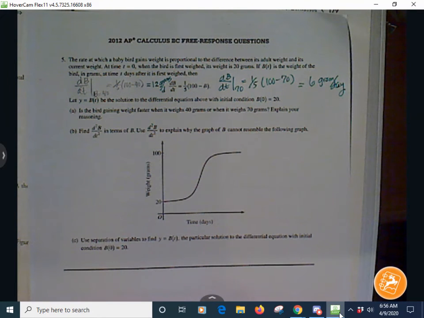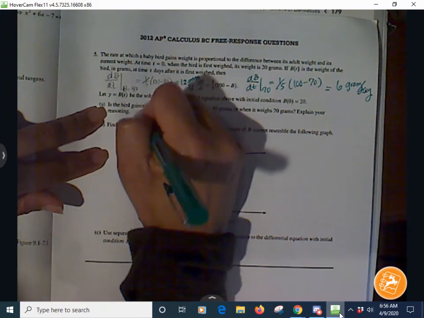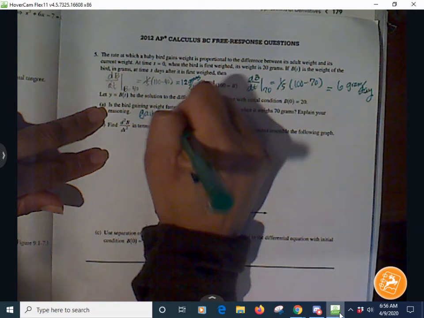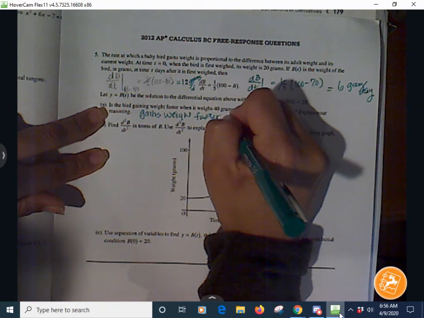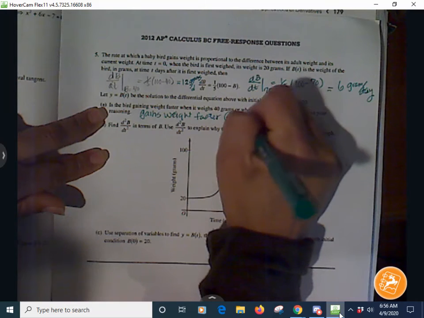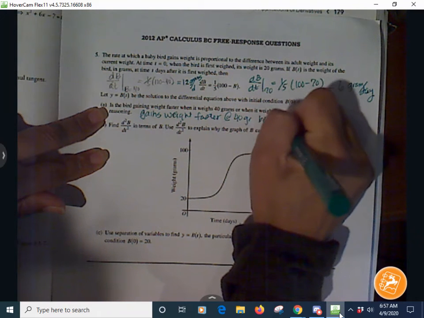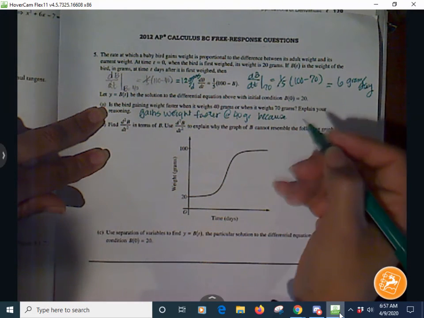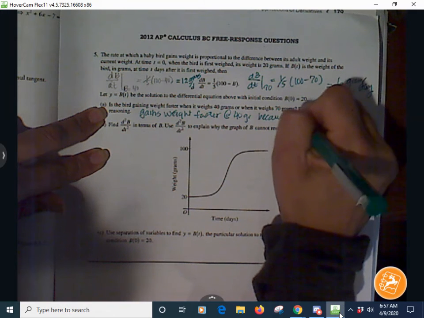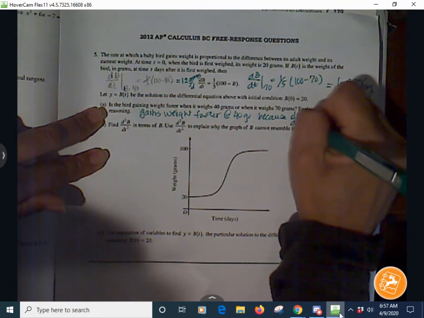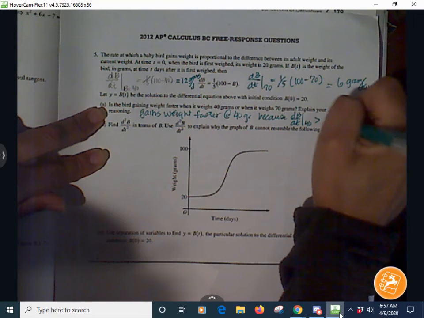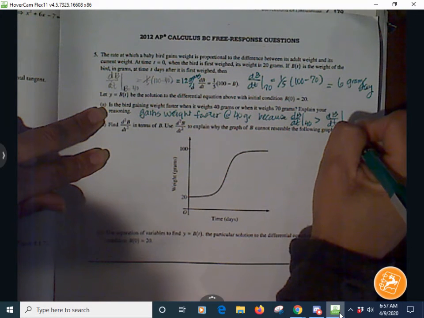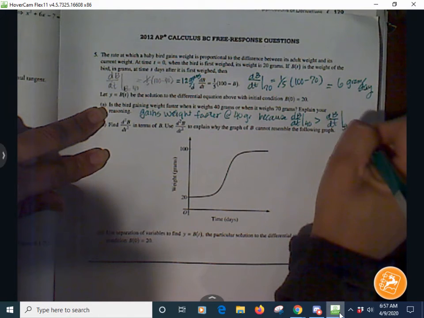And is the bird gaining weight faster? Okay, so it gains weight faster at 40 grams because I would say dB/dt at 40 is greater than dB/dt when B is equal to 70.